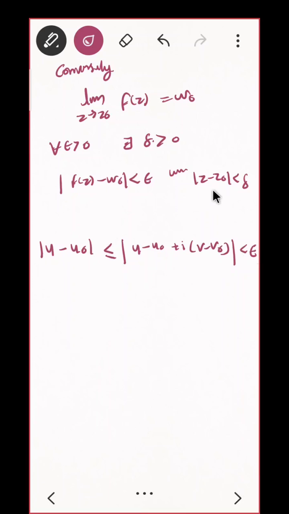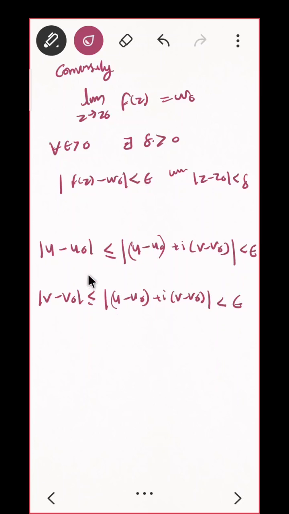And if you solve this, you will get your circle form, that is the square root form. And what about the next one? Mod of v minus v naught is less than or equal to mod of u minus u naught plus i times v minus v naught, that is again less than epsilon, which is from this one.